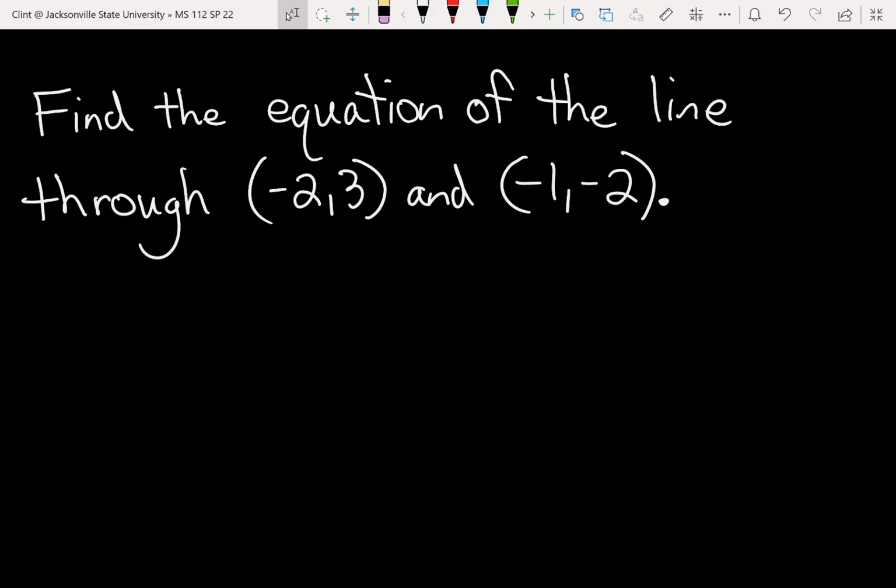We're trying to come up with the equation of a line. We've got the 2 points, but what vital piece of information are we missing?